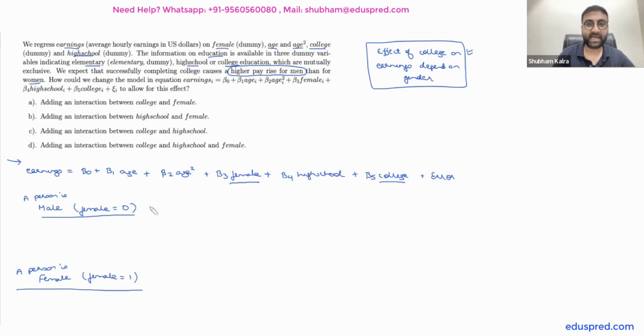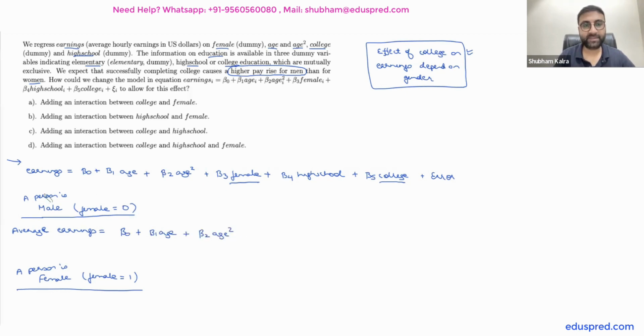Okay, so let's see how the equation is going to look if a person is male, right? And I'm going to write this equation on an average basis. Note that whenever you write equations on an average basis, you can skip the error term. Okay, so if a person is a male, then the average earnings is equal to beta 0 plus beta 1 age plus beta 2 age square.